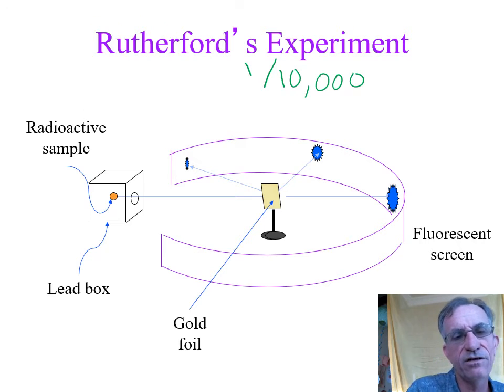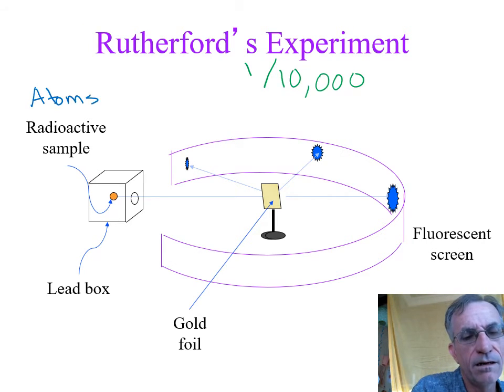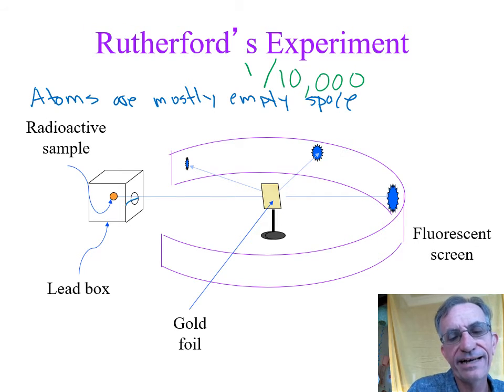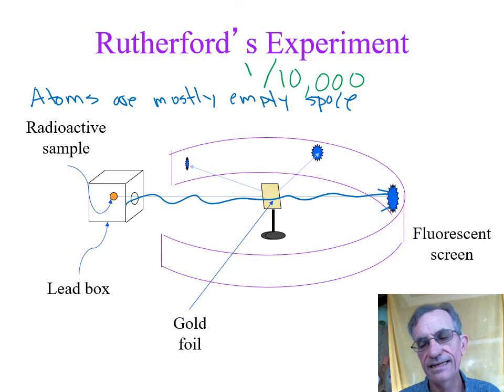All right, so what he learned is that atoms are mostly empty space. How did he know that? What told him that? The fact that you can just go right through and keep on moving. You don't hit anything.